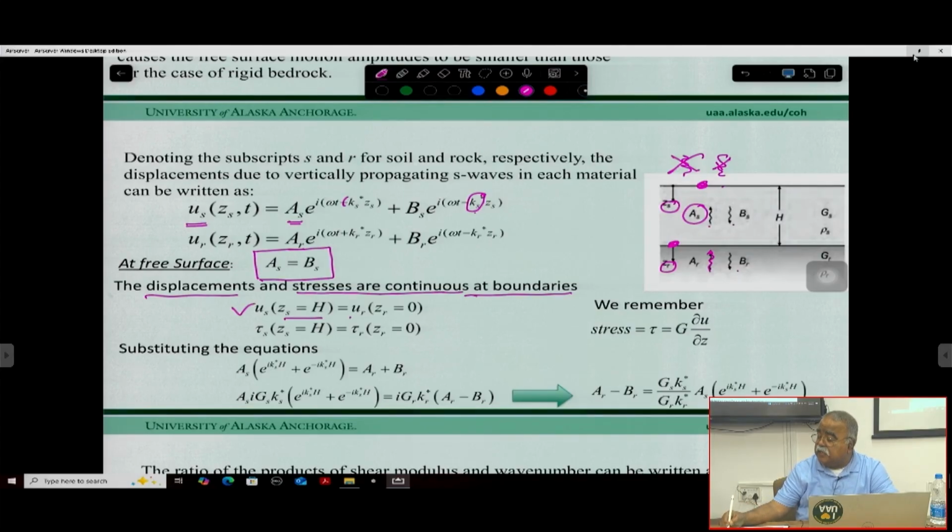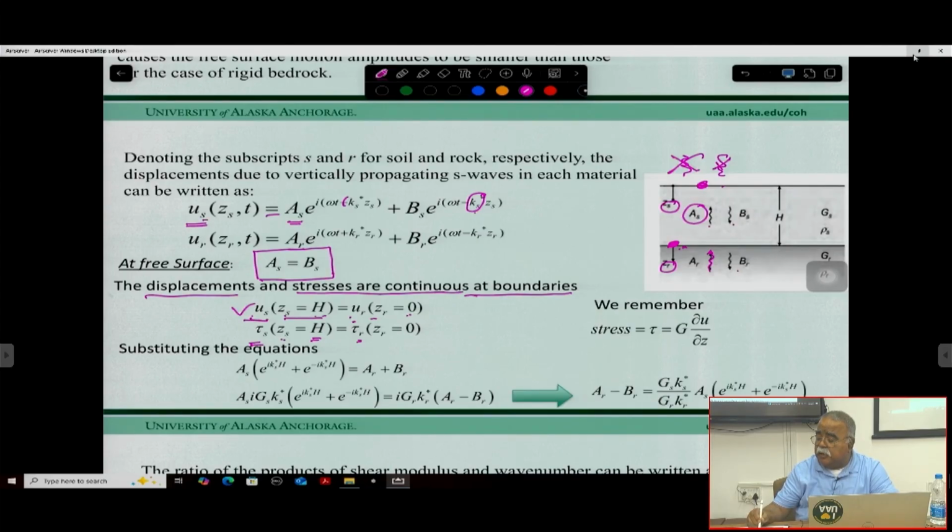So basically at this point, the soil part Z_S equals H is here, and U_R means the rock, Z_R equals 0, because that is the rock 0. So rock 0 has to be the same. And similarly, the stress developed at Z_S equals H has to be the stress developed at Z_R equals 0.